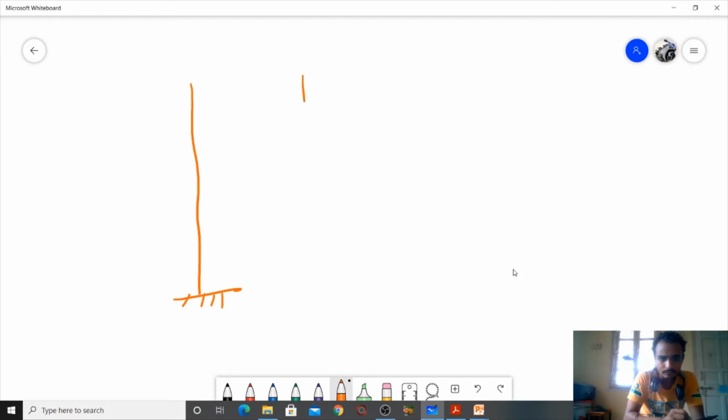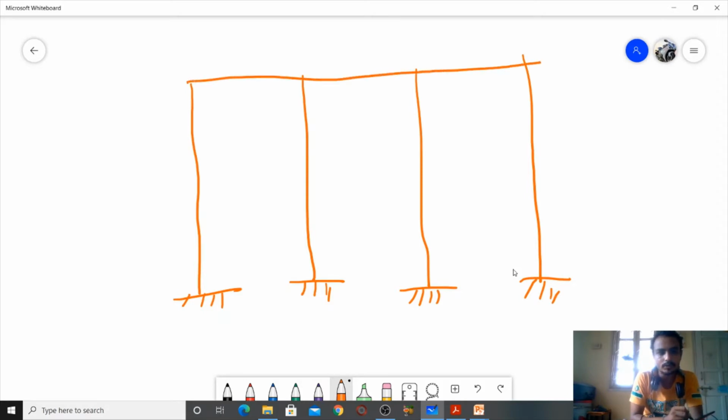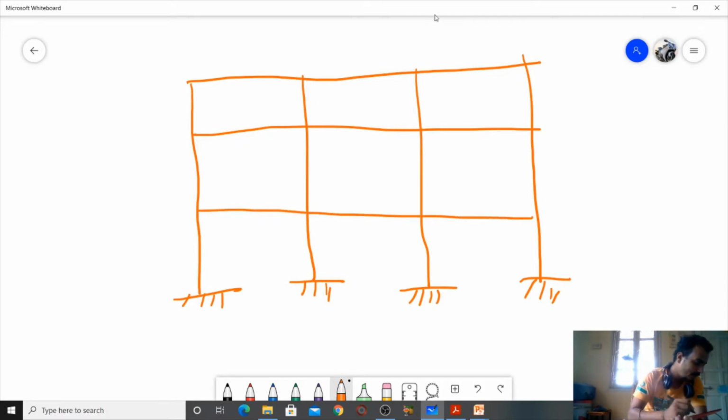it's a column. Here is a column, and one more column I can write. Here is a floor, so we have to resist a horizontal force.